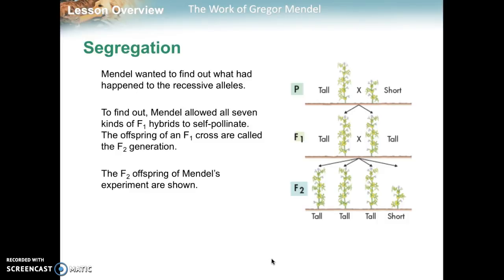The parents were homozygous because they only had one type of allele. And then in the F2 generation, you have 3 tall plants and 1 short plant. You have 2 homozygous, 1 big T and 1 little t, and 2 heterozygotes, big T, little t.